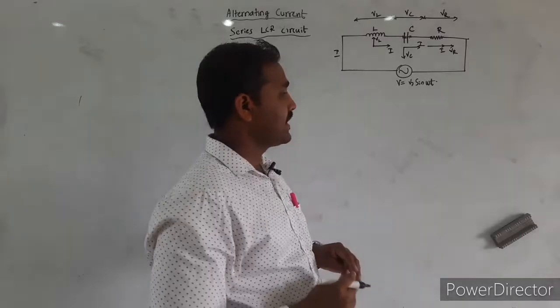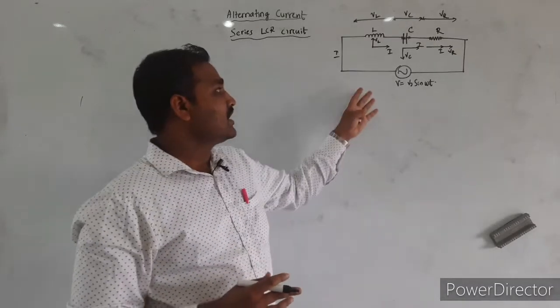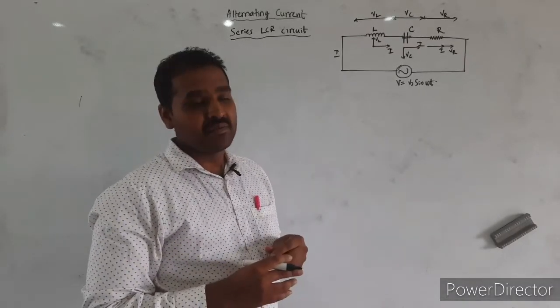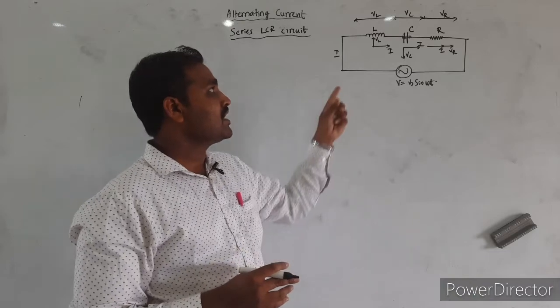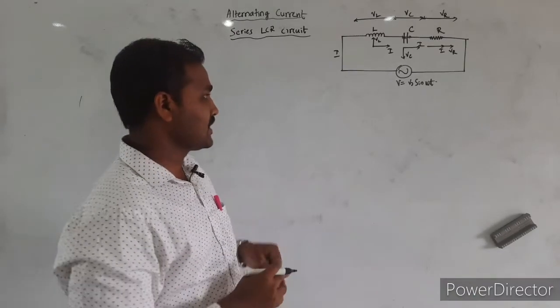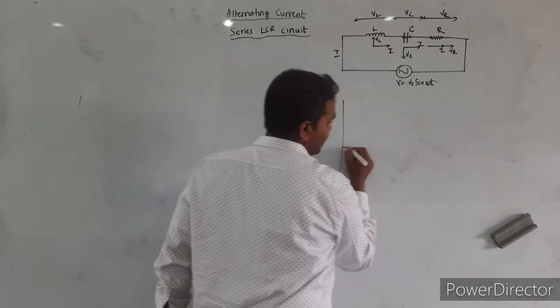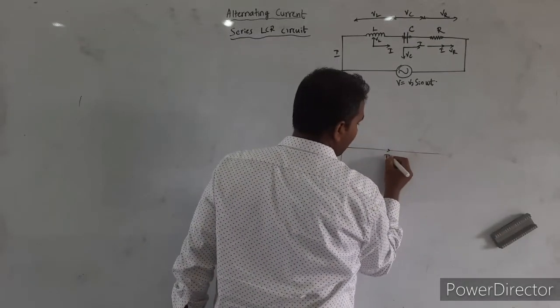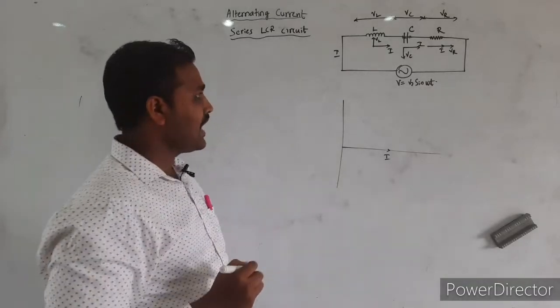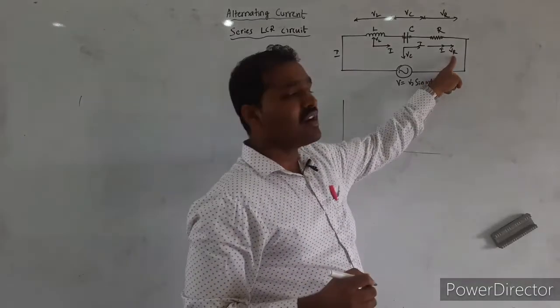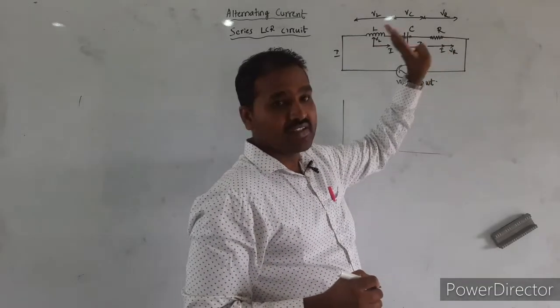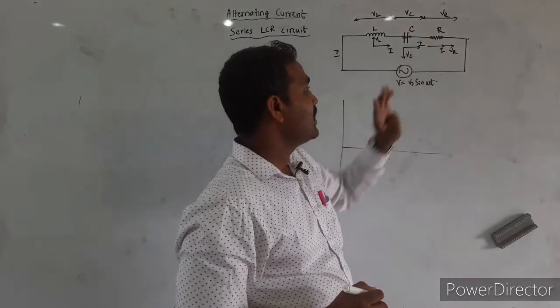Next, let us consider the phasor diagram, the phasor representation of these voltages and current. Let me consider along the x axis, I will draw the current. And let VR be the potential drop in resistance, that is the voltage across resistance.